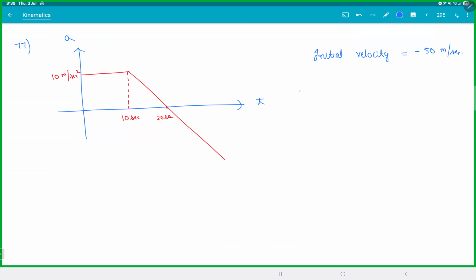First question. Find velocity at t is equal to 12 seconds. Find the time when the particle comes to rest. Let's get this.